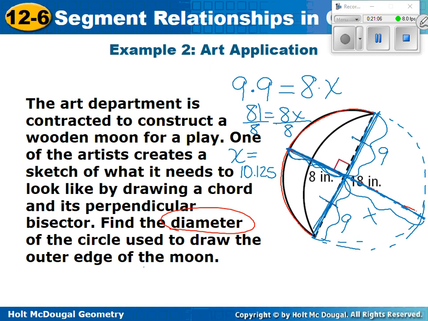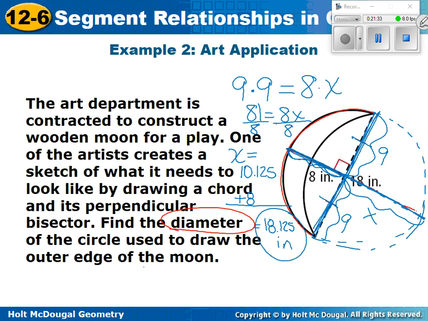We know that this has to be on the diameter, so all the way from x to here is the diameter, which means we need to take that value of x and do what with it? Add 8. So just add 8 to that, and we end up with our diameter is equal to 18.125. And what are the units? Inches.